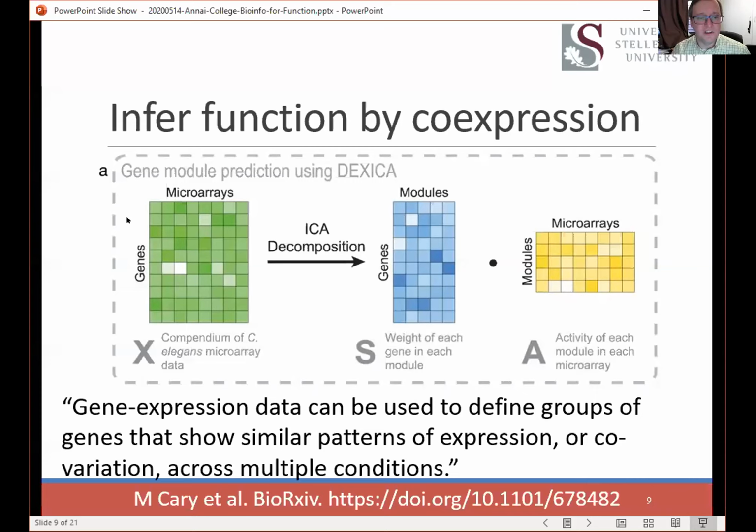So over the space of lots and lots of microarrays, an individual gene is going to be up under some conditions and down under others. And so the colors here represent that. So genes versus microarrays is in this case a case of genes shown across different stimulations.